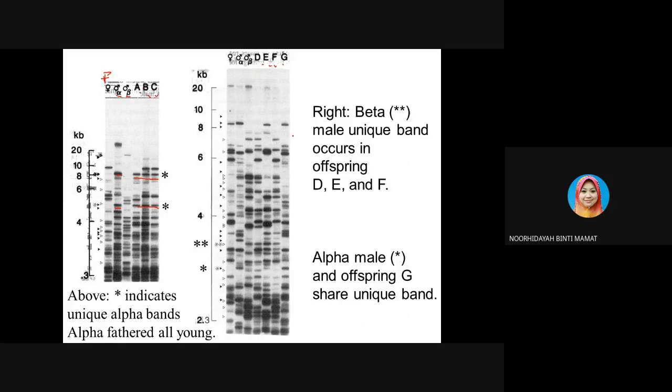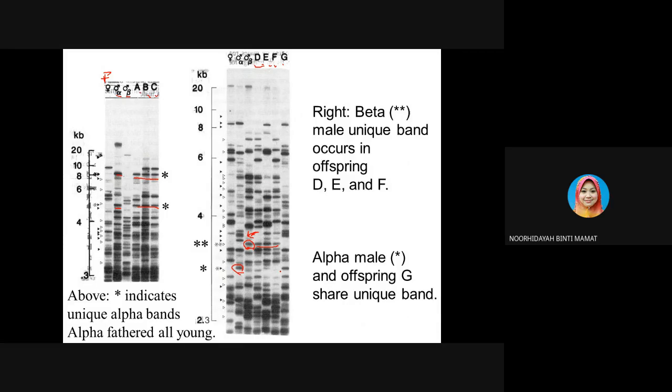These three chicks show the unique band that belongs to this alpha male. Meanwhile, this is the beta band, this is the beta DNA. You see the chicks D, E, F have a unique band that seems the same as the beta male.